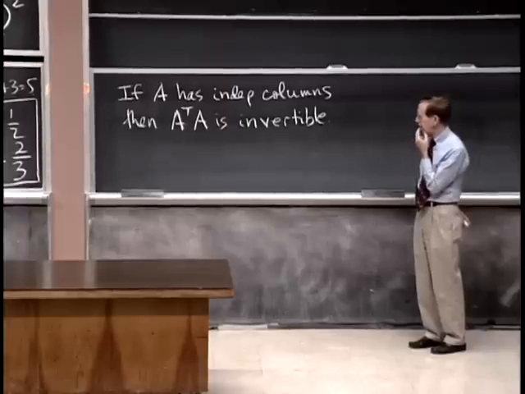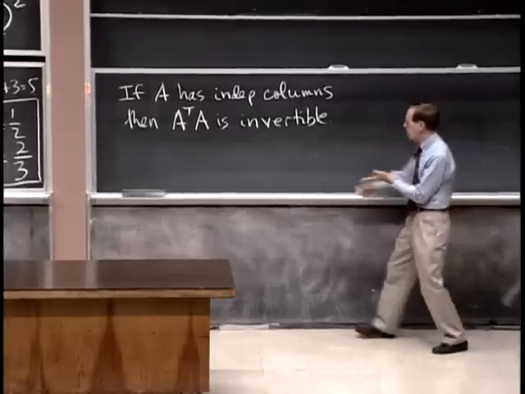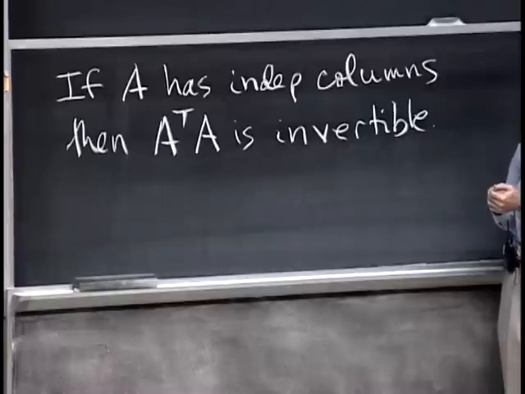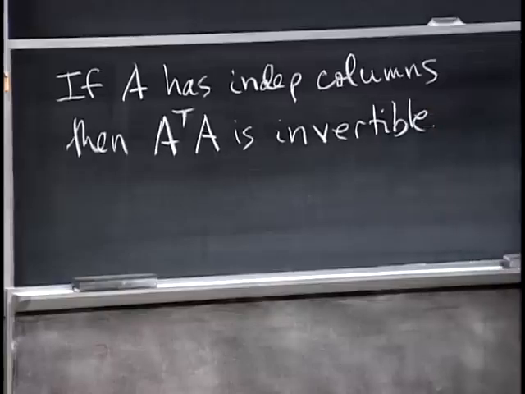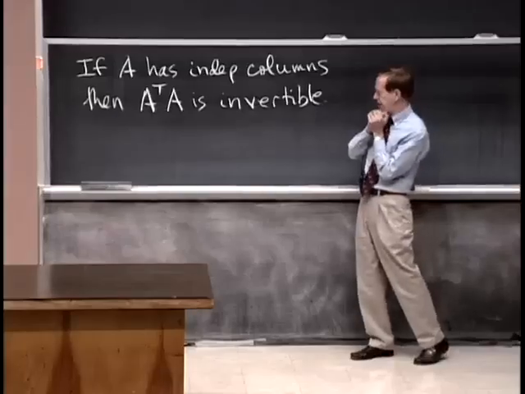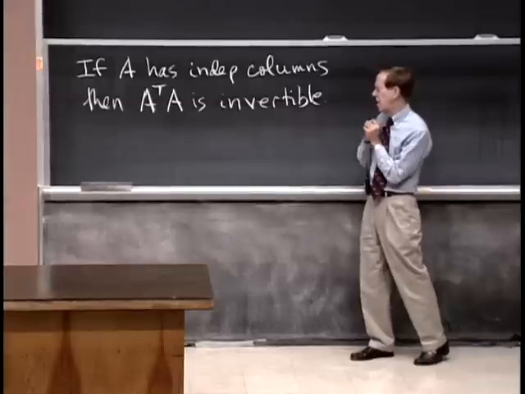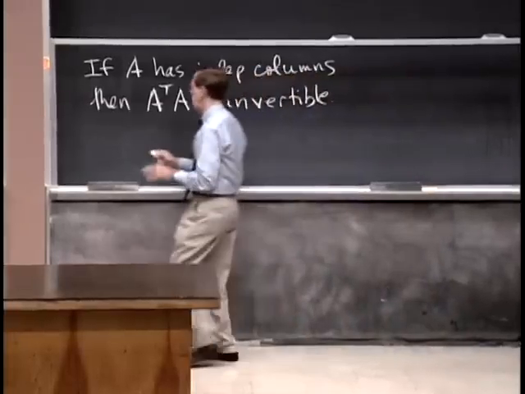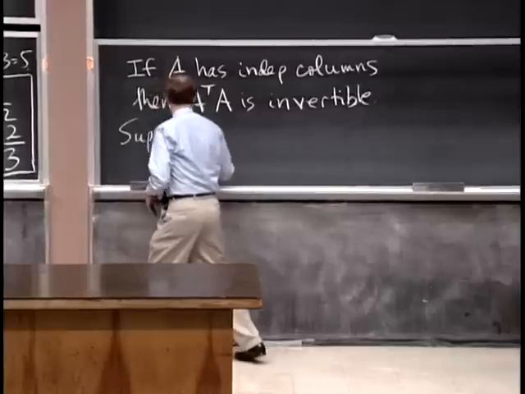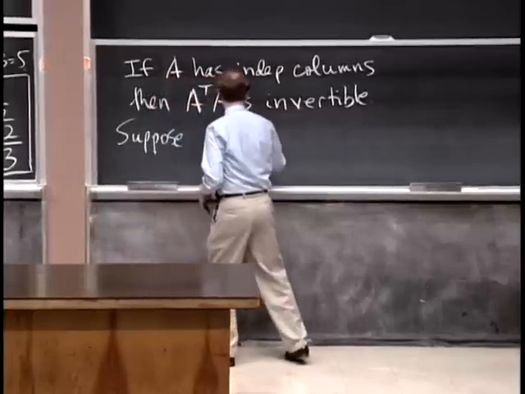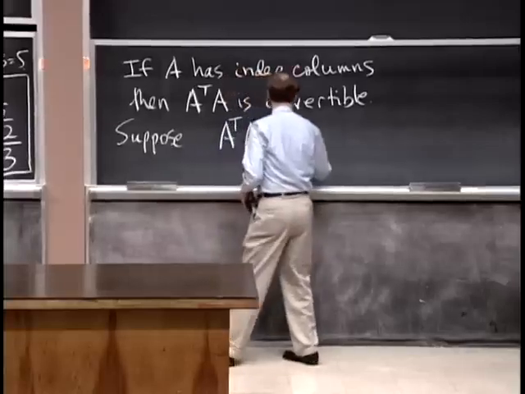Okay, I guess I'm wondering, if it wasn't invertible, so I want to prove that. If it isn't invertible, then what? I want to follow that line of thinking and see what I come to. Suppose, so proof, suppose A transpose A x is 0.